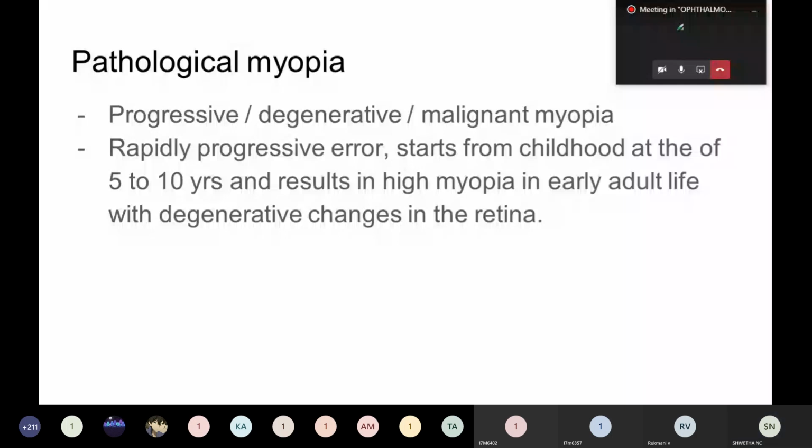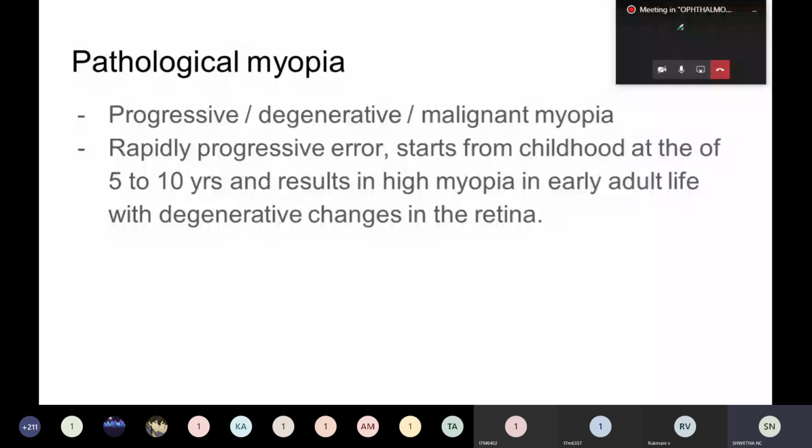That is called degenerative myopia. So what is the etiology in pathological myopia? Mainly it is due to the rapid axial growth of the eyeball, which is outside the normal biological variation.